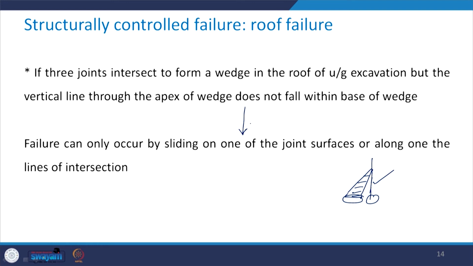So, in this case, falling of the wedge in the underground excavation will not be there. However, there is going to be failure because of sliding on one of the joint surfaces or along one of the lines of intersection of either of these three discontinuities.